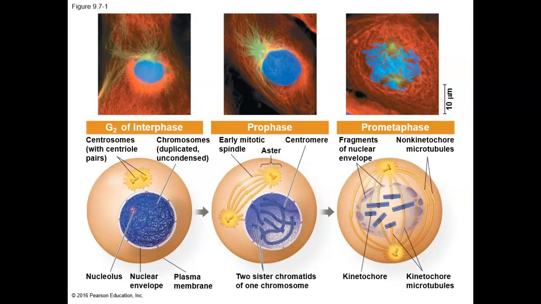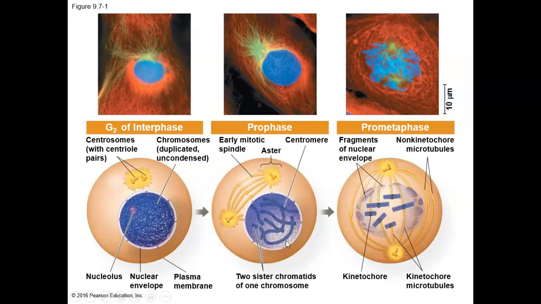So we will start always by thinking about interphase, and as I said, in interphase, your DNA is decondensed. It's in the form of chromatin. It's just spread out all over. And as we move into mitosis and into prophase, one of the first things you see is that the DNA will condense into chromosomes.